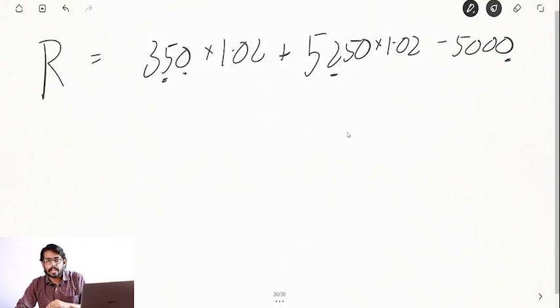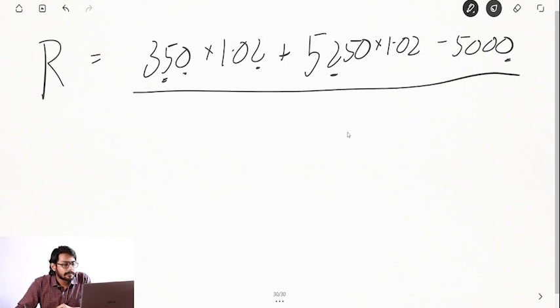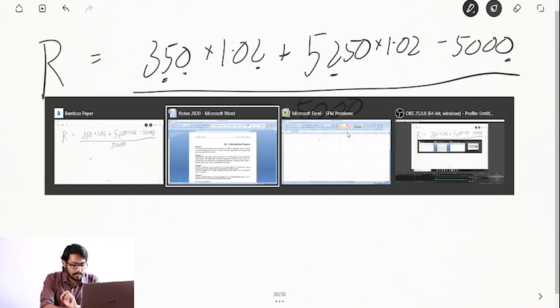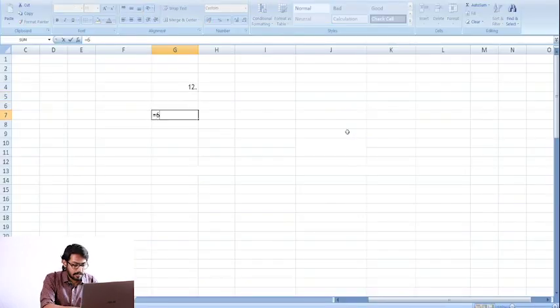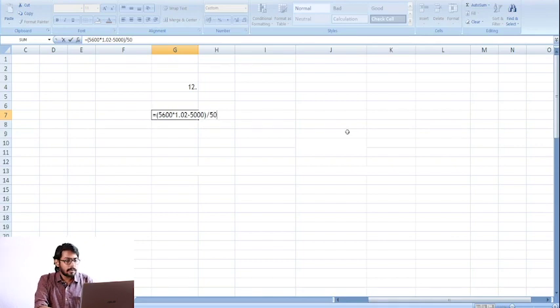You don't have to convert it to your home currency. You just know there is a 2% increase. Consider that effect also. The whole divided by 5000. That's 5600 into 1.02, minus 5000, the whole divided by 5000. You will get 0.1424, into 100, that is 14.24 percent.